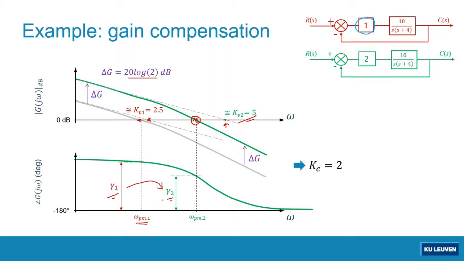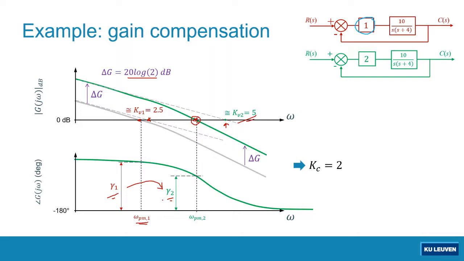If you still remember, when we started discussing this Bode plot analysis in the previous 2 or 3 videos, we explicitly concluded that the higher the phase margin, the higher also the zeta, the damping ratio. The smaller the phase margin, the smaller also the damping ratio.